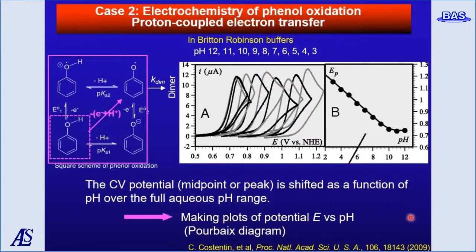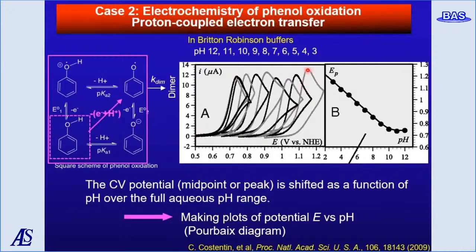The second example is the electrochemical oxidation of phenol. As you can see, irreversible oxidation waves are observed at 1.15 volt in Britton-Robinson buffer at pH 3.